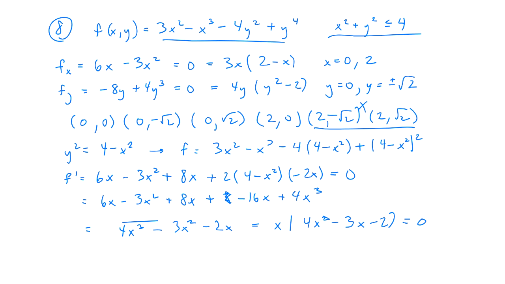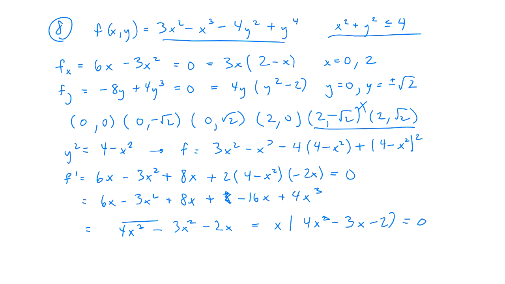So obviously one is x equals 0, but let's see, do we have that if x is 0, then y is plus or minus 2? So we do get those points. Oh, lovely.